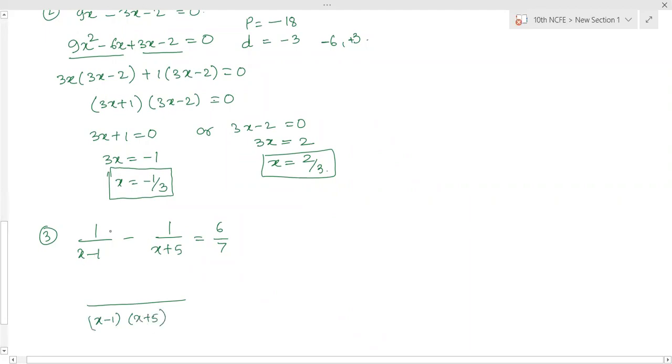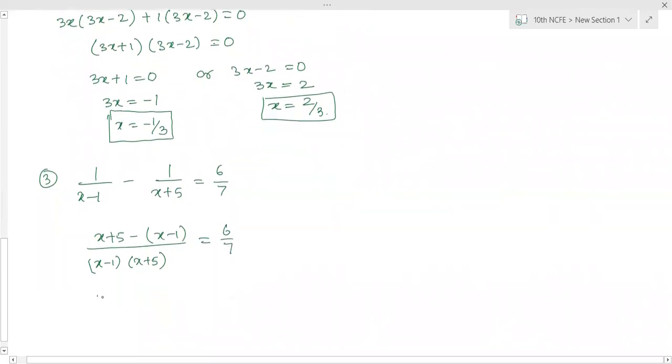Here we have to multiply with x plus 5, minus this fraction you have to multiply with x minus 1, is equal to 6 by 7. So x plus 5 minus x plus 1 by x minus 1. You can solve this polynomial now.